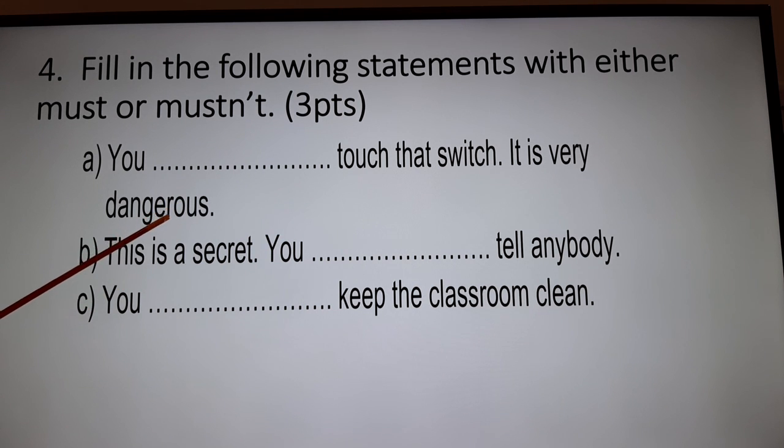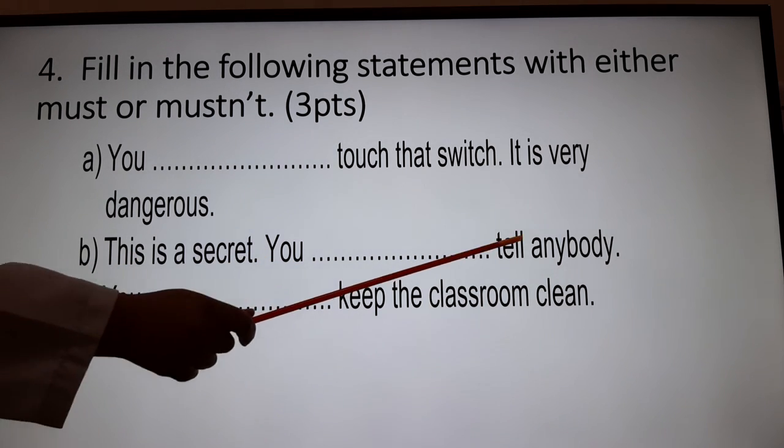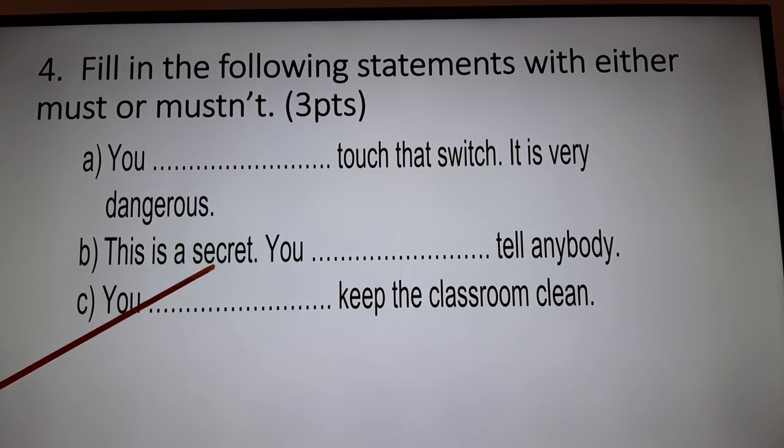So when something is dangerous, can we touch it? B, this is a secret. You tell anybody. When we deal with the secret, can you tell it to anyone else? C, you keep the classroom clean. So, are you going to use must or mustn't?